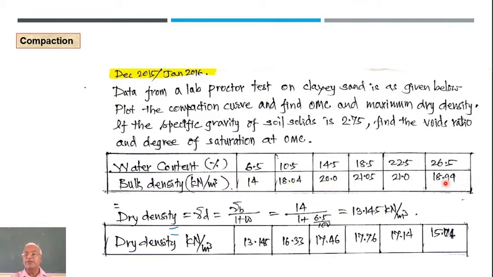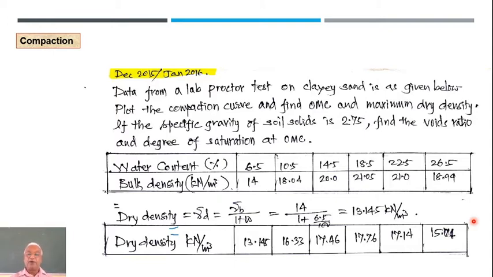For example, the last one, if you want to calculate, it will be 18.99 divided by 1 plus 0.265, or 18.99 divided by 1.265, would be giving you the value 15.01, right?